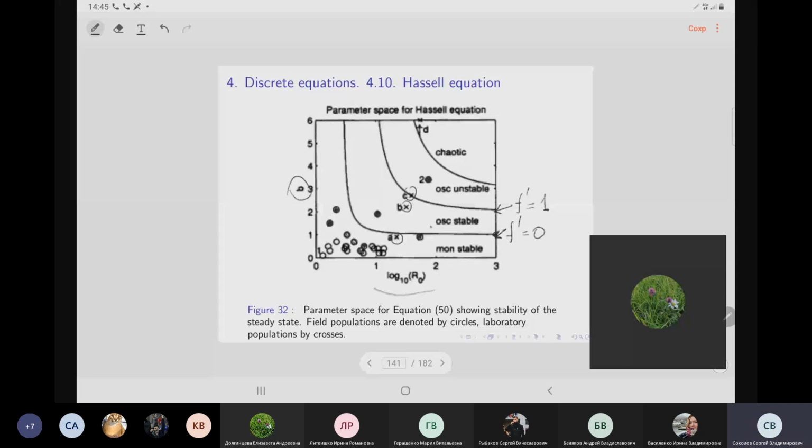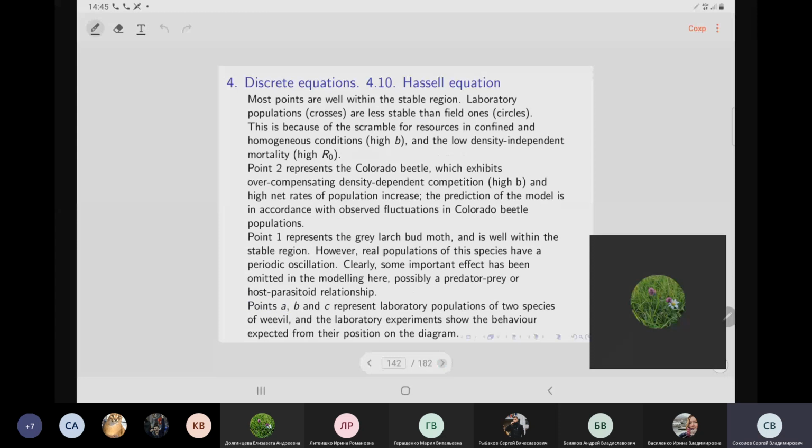What we can conclude here. First of all, most points are well within the stable region. It's quite natural and understandable. And some laboratory populations are less stable than field ones. It is also natural because we help these populations, and they can be in the unstable region.